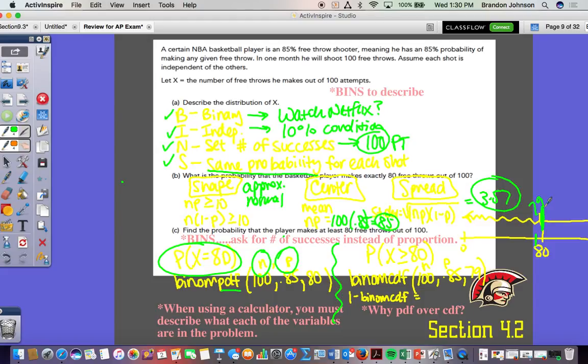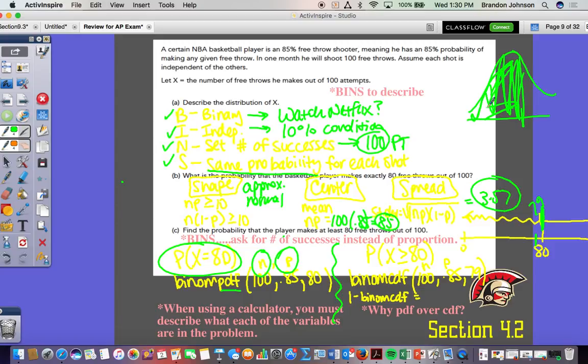So when we do CDF, it includes the number itself and all the numbers that are smaller. Remember with normal CDF, when we do our z-score and I find that probability, it's always to the left of that value. With CDF, it is always to the left of it.